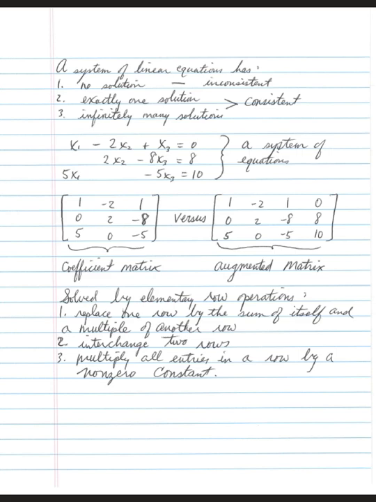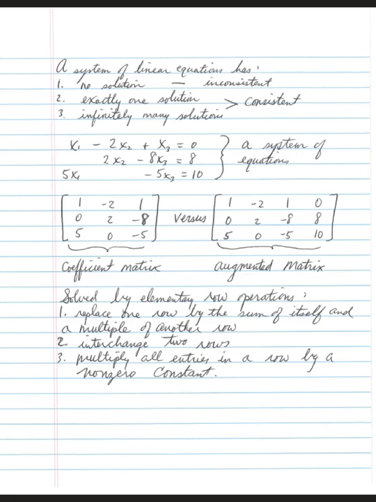If they intersected once or twice, then you were able to set those equal and find those intersection points. If you had two lines that were parallel and never intersected, then you had an inconsistent system, which was the first case.